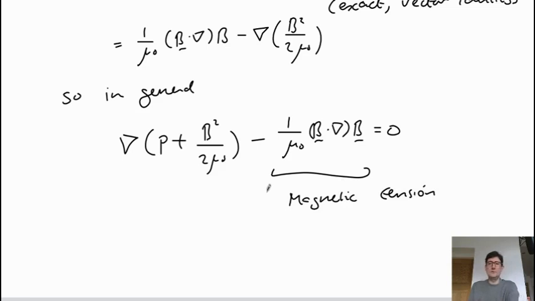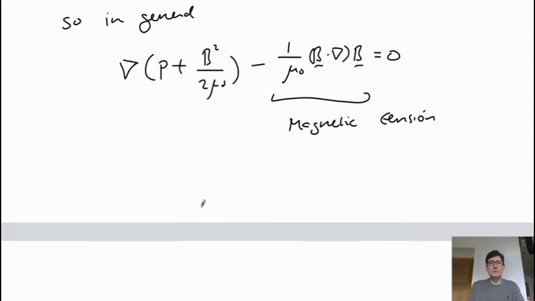Now it helps to think a little bit about what this means. If you have a curved magnetic field, so B is going like this, B dot grad is if you are walking along this curve. B dot grad is how that quantity is changing. So in this case, as you move along B, how is the vector changing?